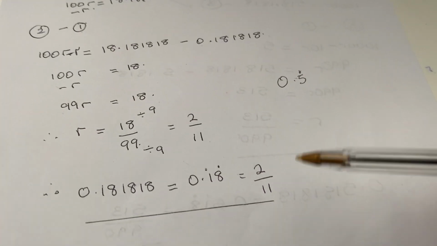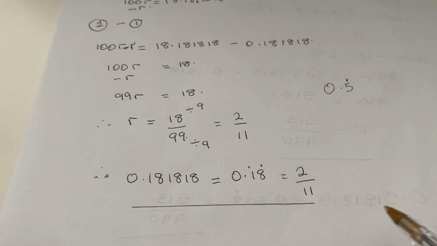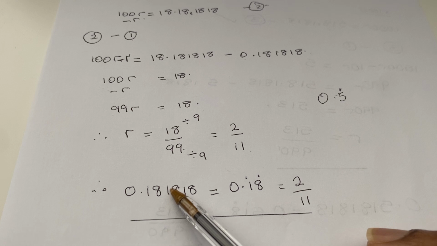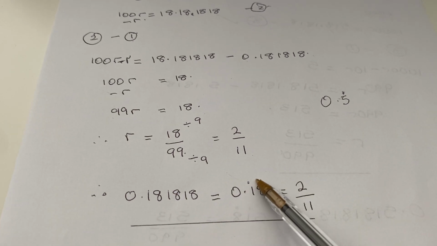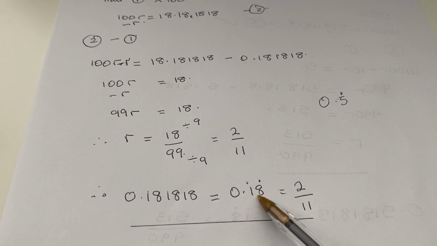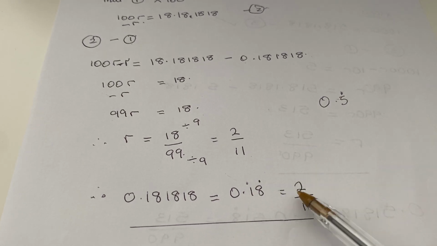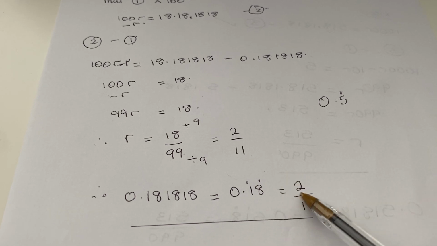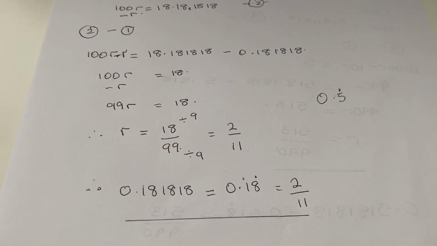Okay, but now to shorten it, I have the 1 and 8 with 2 dots on top of the 1 and 8. So that means 18 recurs. And then my fraction here is 2/11.